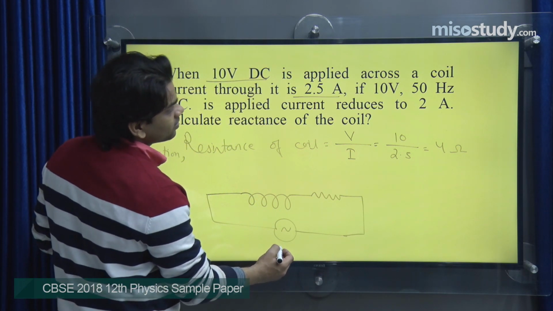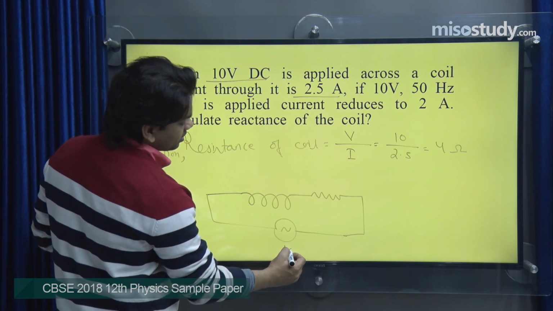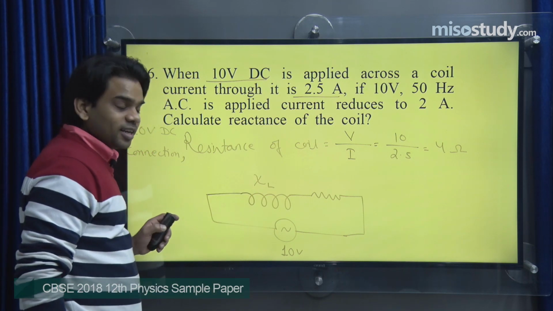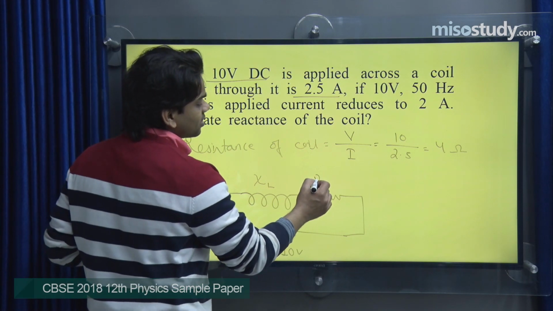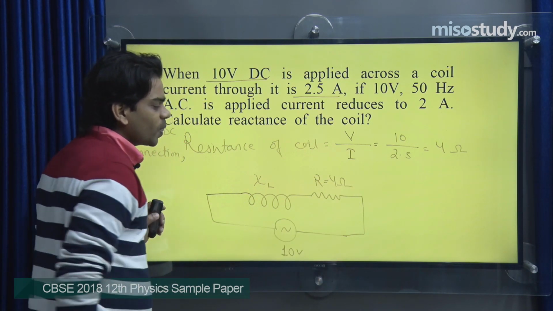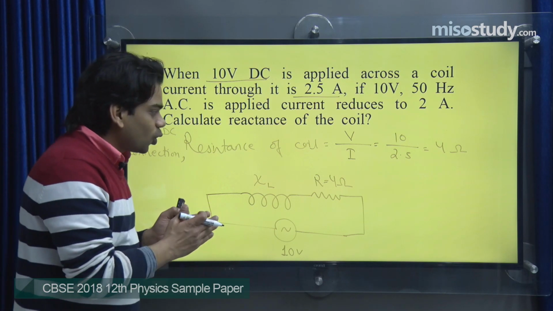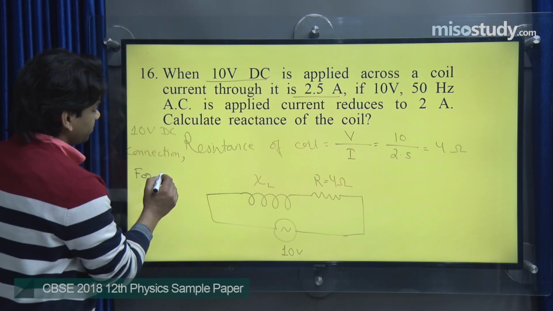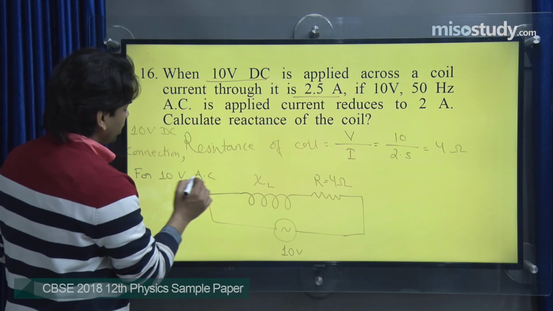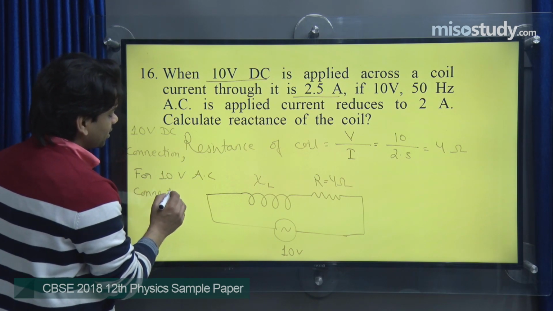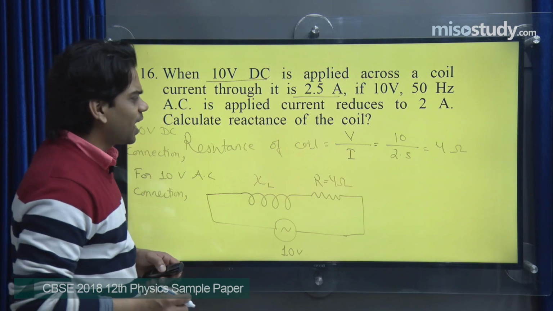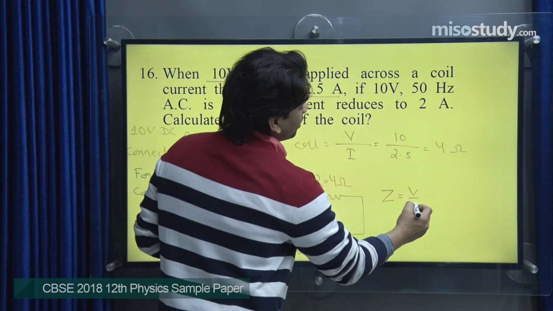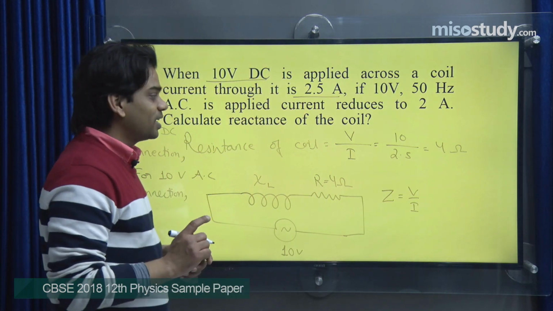The AC source is 10 volt, that is the RMS voltage given, and let us say chi L is the reactance of this coil and resistance is given as 4 ohm. Now we know that for the 10 volt AC connection, the impedance of the circuit Z is nothing but V by I. You have to mention the impedance of the circuit.